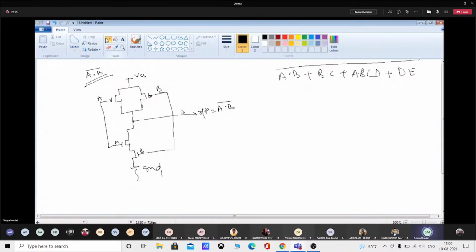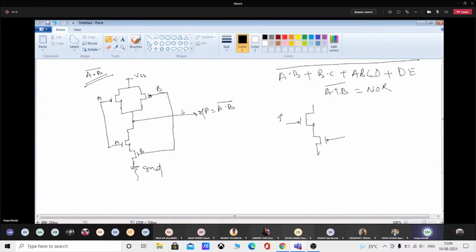Okay, now this is your NAND, and if I want to draw NOR, that means A plus B bar. So this is the NOR, and the PMOS will be in series. So I am making it in series.